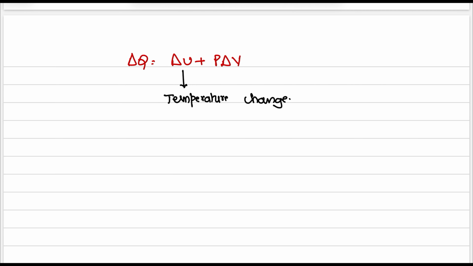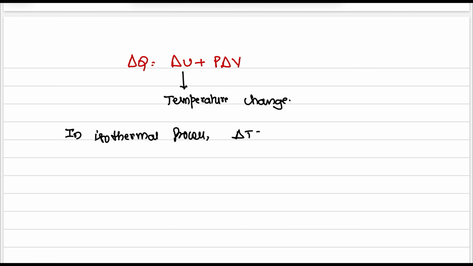In isothermal process, delta T is equal to 0. When delta T is equal to 0, that implies delta U is equal to 0.